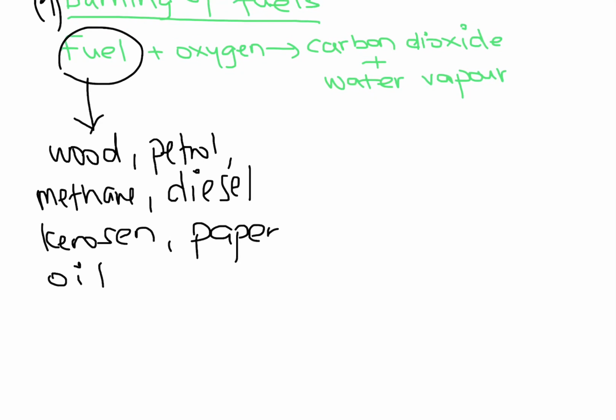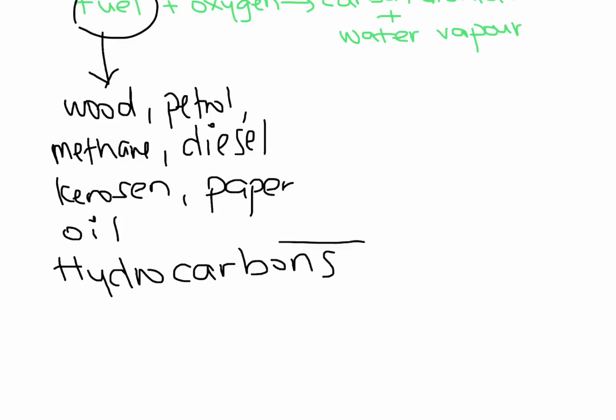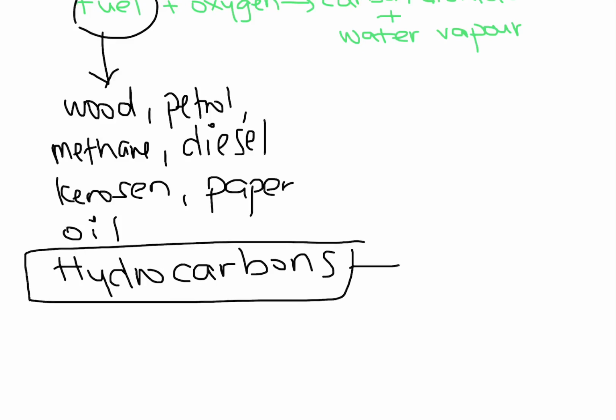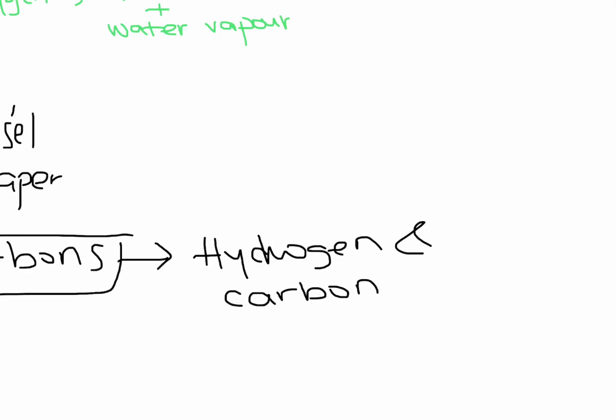But when we're looking at fuels, there is a kind of fuels called hydrocarbons. Hydrocarbons are a special kind of fuel that contain only hydrogen and carbon in the molecule.